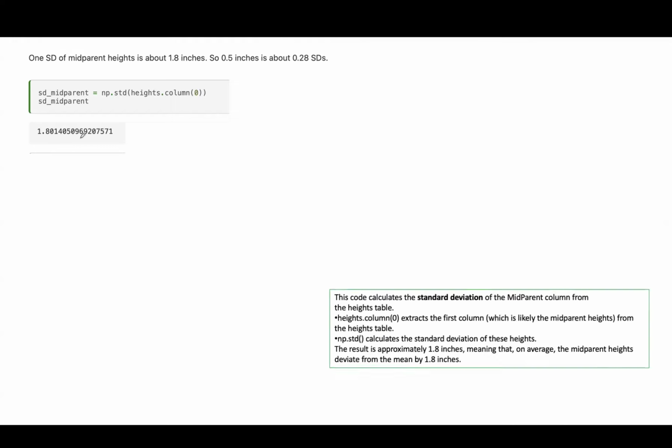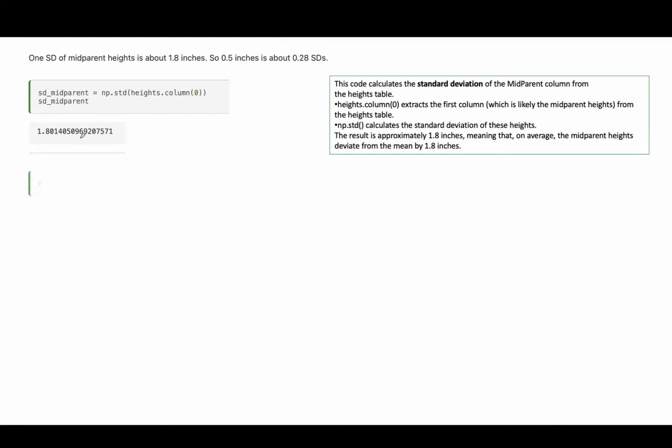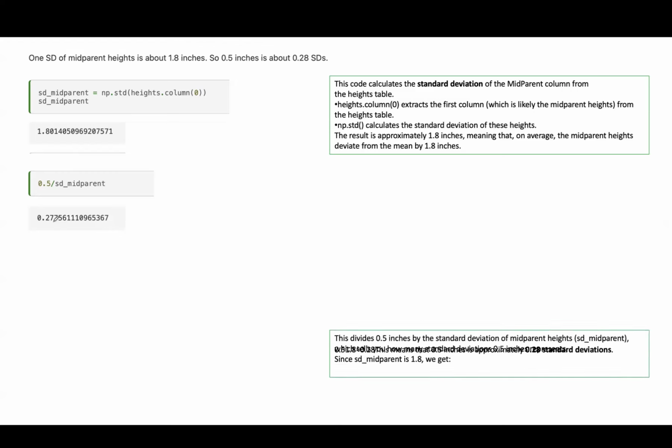But what's the meaning of 1.80 as the standard deviation? If we were to take 0.5 inches and divide it by the standard deviation of mid-parents, this value is going to be 0.28. So in standard units, you have 0.28.